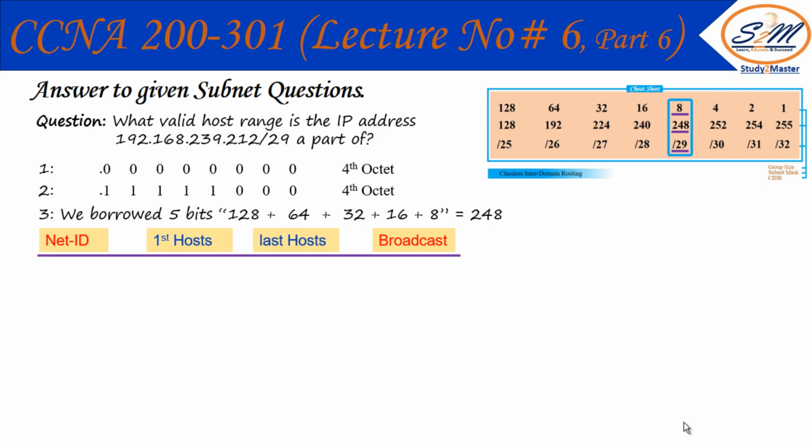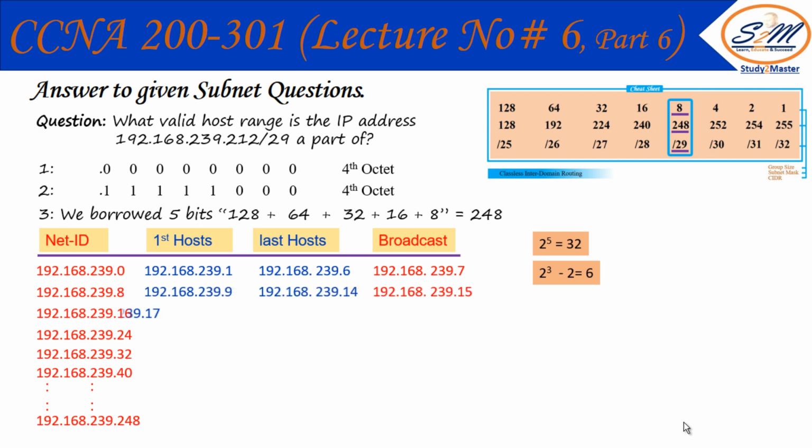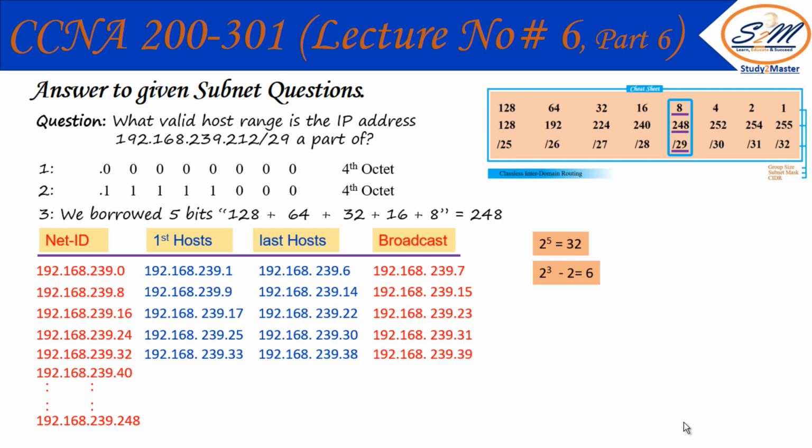Now let's find the networks, the usable hosts, the broadcasts and so on. In here, 2 to the power of 5 is equal to 32. With this given IP address, again, we have 32 networks, but the hosts are different. We just left 3 bits in the fourth octet of the given IP address.